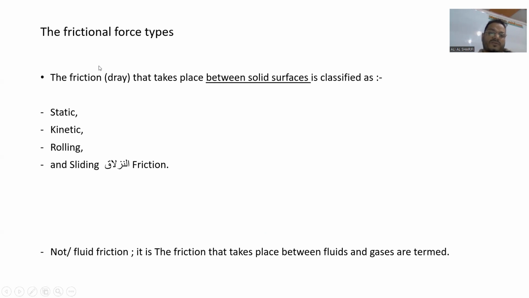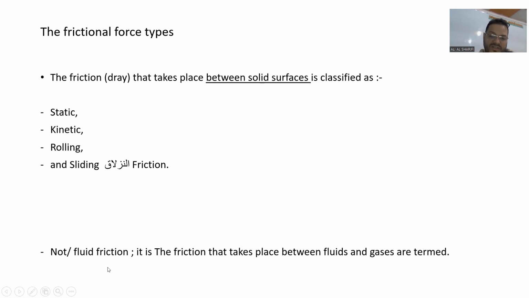Here, frictional force types: static, kinetic, rolling, sliding. When we focus on dry friction, which takes place between sliding surfaces, it is classified as, like I said before, static, kinetic, rolling, sliding friction.